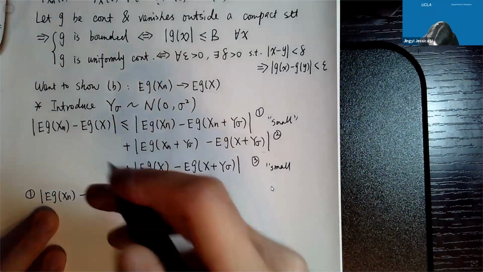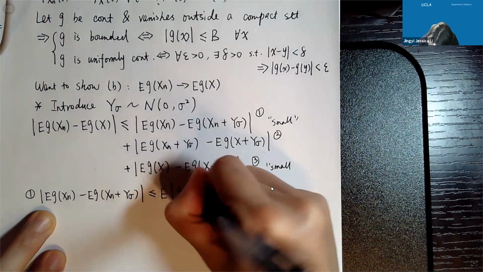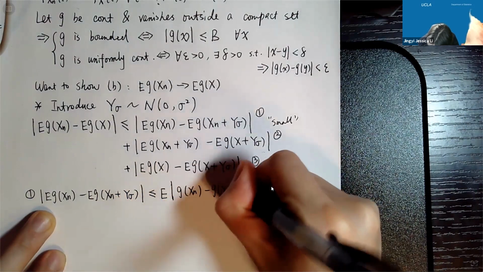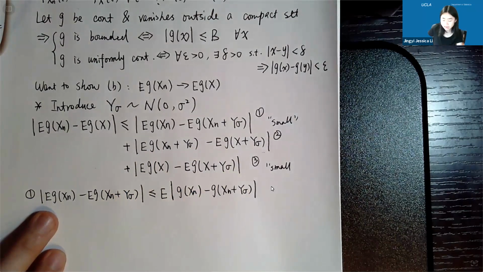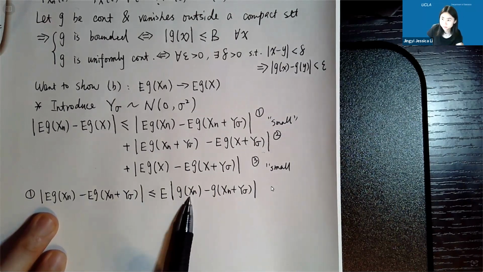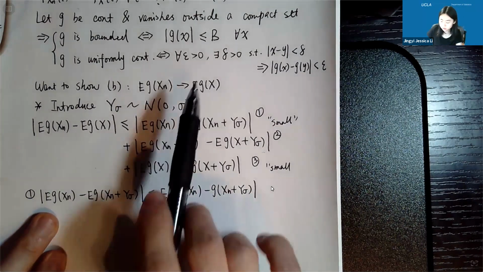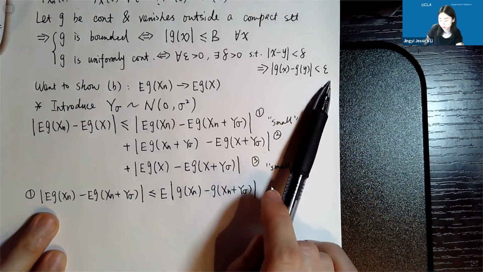So this is less than or equal to the expectation of the absolute difference of G(Xn) and this. With this, I can divide this into 2 parts. First, when Y sigma is small, I'm good, because when Y sigma is very, very small, then Xn plus Y sigma is in a small neighborhood of Xn, and by uniform continuity, their G values differ by at most epsilon. That's what I will have here.